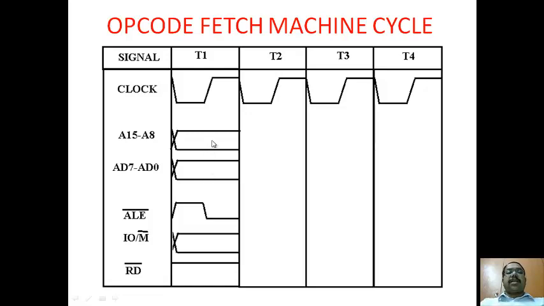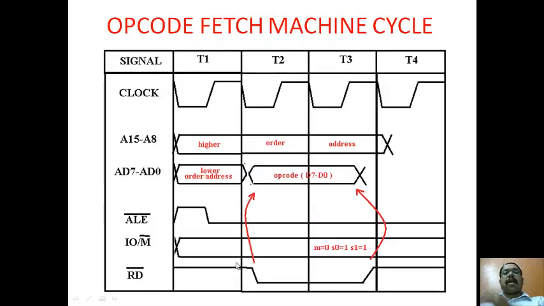Now clearly understand, this address tells the opcode location. Once this address is obtained, we will bring the ALE to 0. Then we will have input output lines as control lines which we have seen.